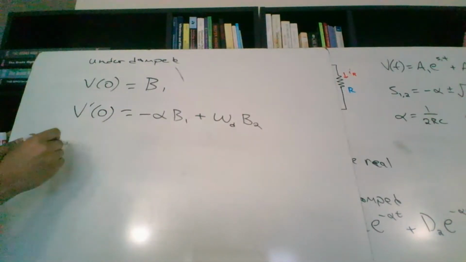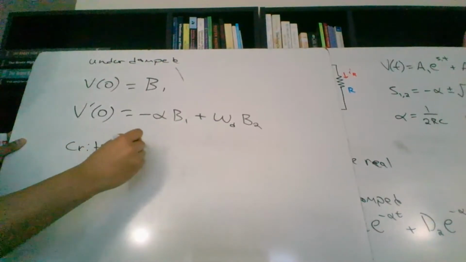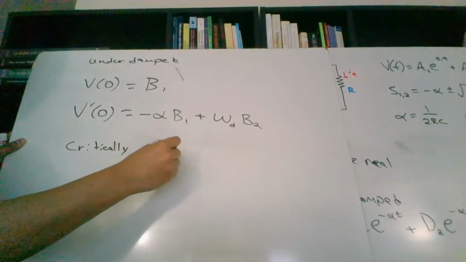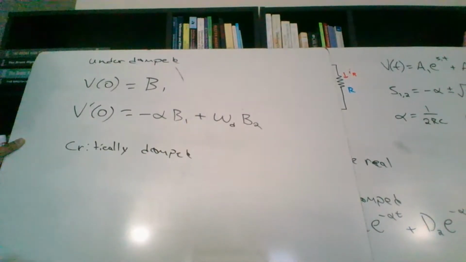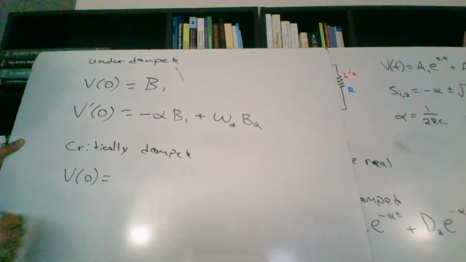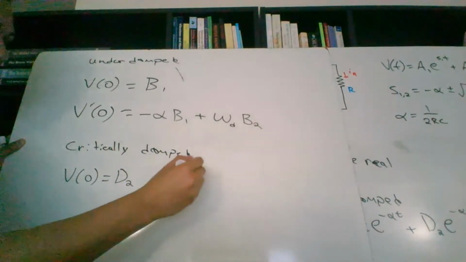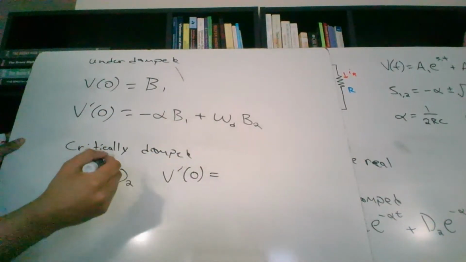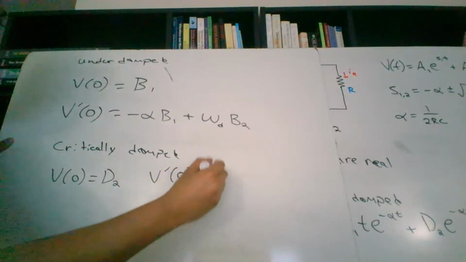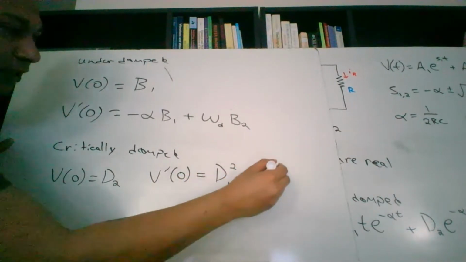And then for the critically damped solution, we would get V at 0 is going to equal D2, and V prime at 0 is going to equal D1 minus alpha times D2.